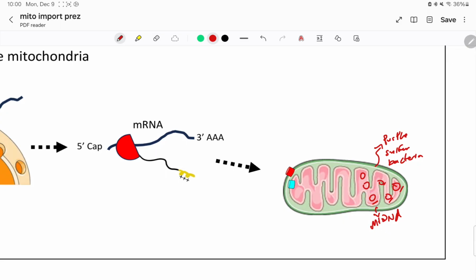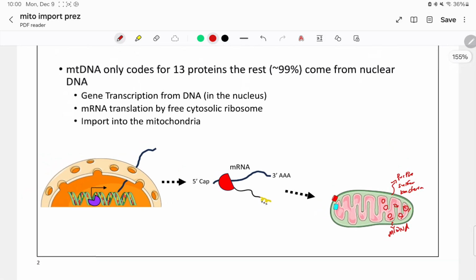Now, this mitochondrial DNA, like I said, can only code for 13 proteins, which are required for respiration. The rest of the proteins, about 1,200 actually, or 99% of the proteins, come from the nuclear DNA. So they come from the nucleus of the cell. If you remember basic biology, you're going to have a gene in the nucleus.